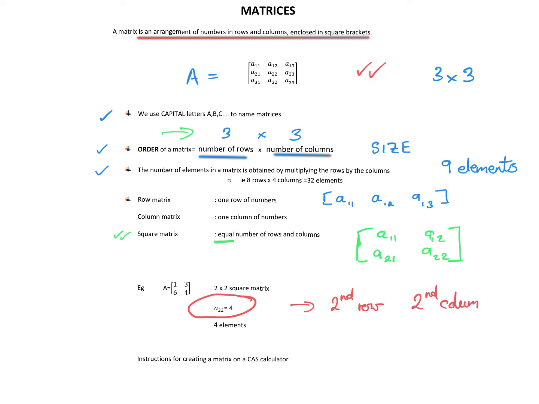So it really gives it a location as to where it sits in the matrix. Now, we are going to have a look at how we can enter a matrix into our calculator. So we will go through that in class because we will do a lot of this work on the calculator.